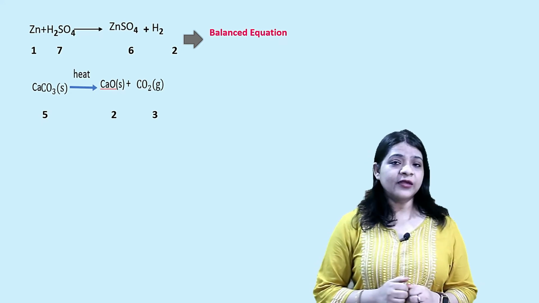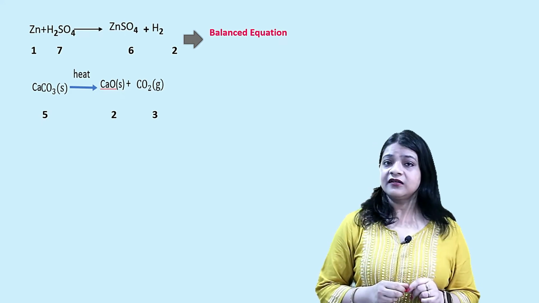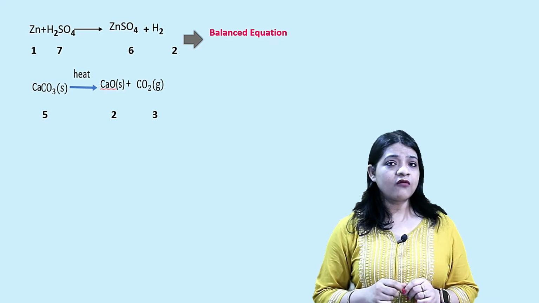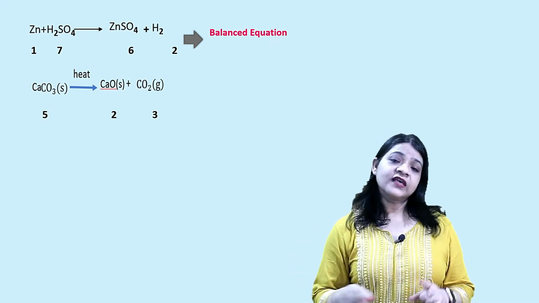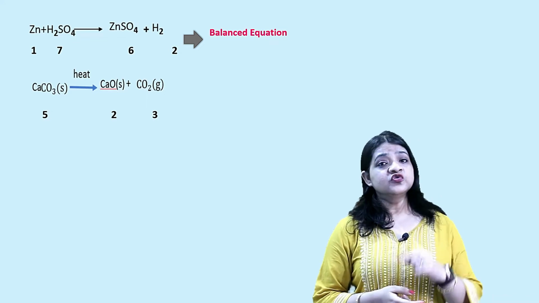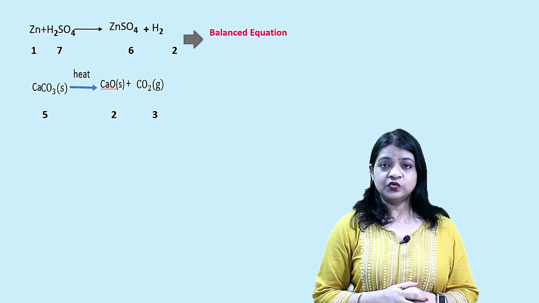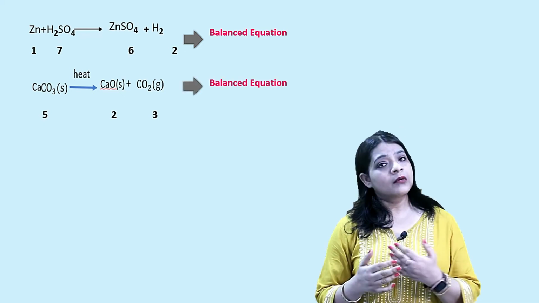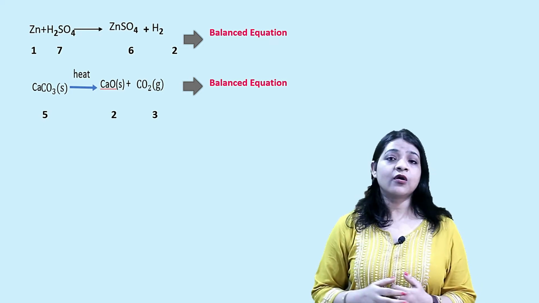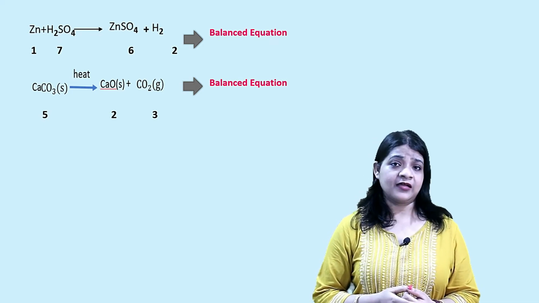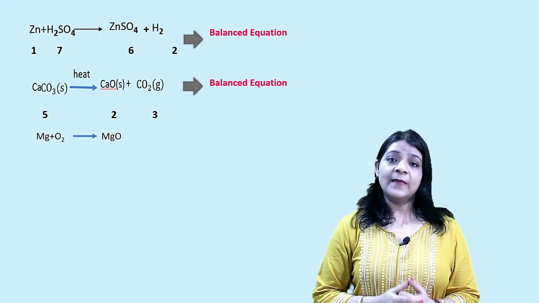Now coming to the product side, calcium oxide has 1 atom of calcium and 1 atom of oxygen, that is 2, plus carbon dioxide with 1 atom of carbon and 2 atoms of oxygen, that is 3. 3 plus 2 is 5. So the number of atoms in the reactant is 5 and in the product side is 5. Hence we can say that the chemical equation is balanced.